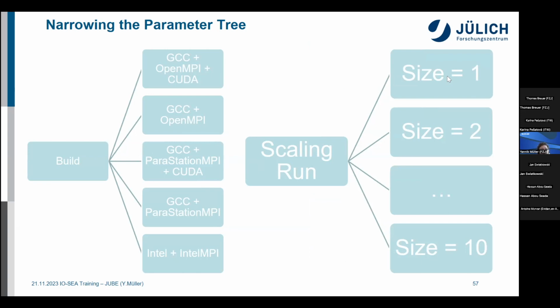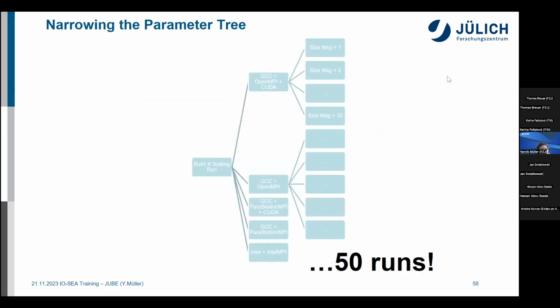Now if I just use the script as before and change only the size parameter, like before it has 1 and now it has 1, 2, until 10, and I use the same script, then of course I end up with 50 runs because of the cross-product expansion. That's a lot, and that's not exactly what I wanted to do here.